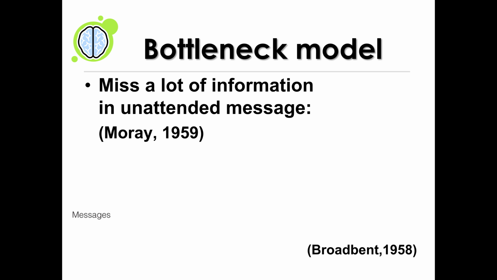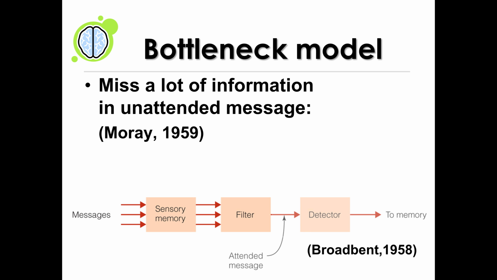So basically what Broadbent did is create a flowchart from the original dichotic listening task results. It starts with messages in the environment, which lead to sensory memory, which then leads to some sort of filter. Through that filter, the attended message is passed through, but the unattended message doesn't get through.